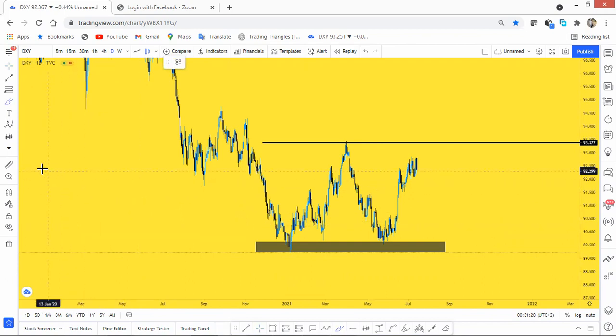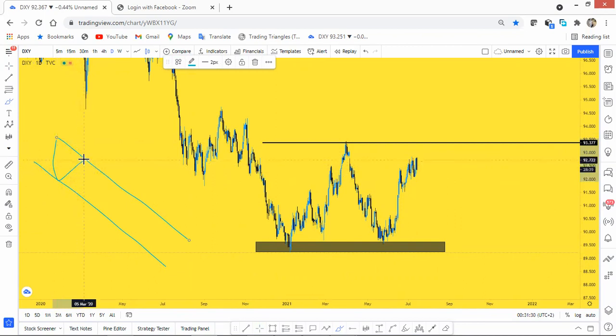Let me put it into theory first. A descending channel. So we have a descending channel which looks like this. Price basically goes bearish in the form of this channel for the longest of time. After it breaks out, the more aggressive this downward channel is, the higher the chance of the breakout being very aggressive and impulsive.